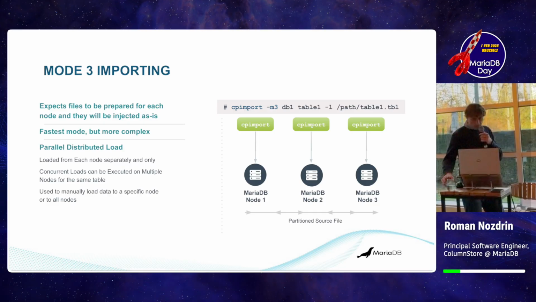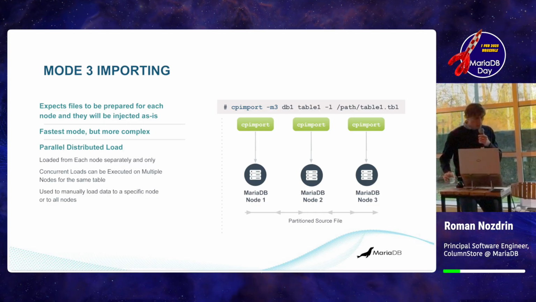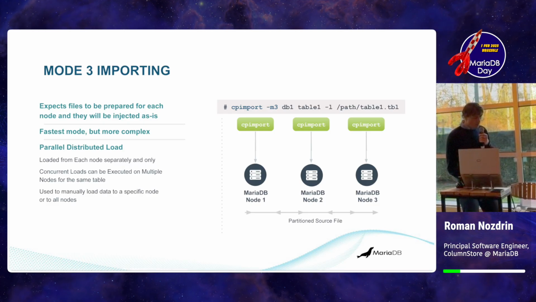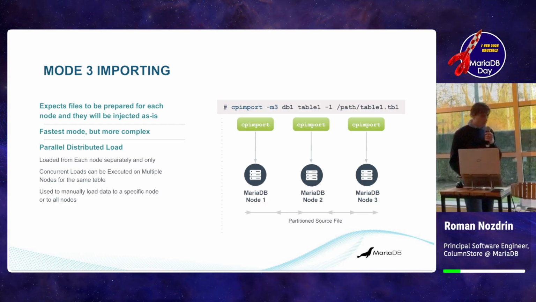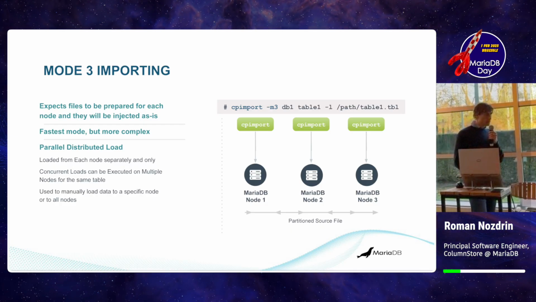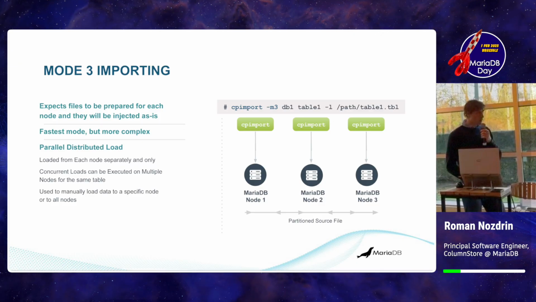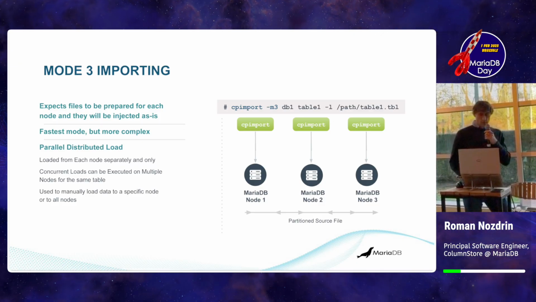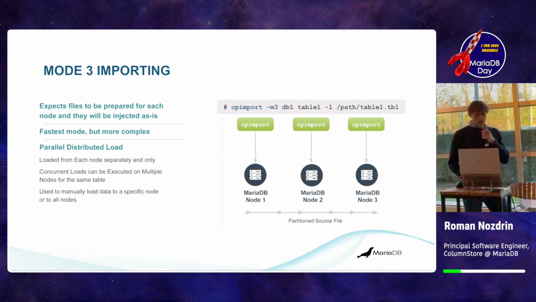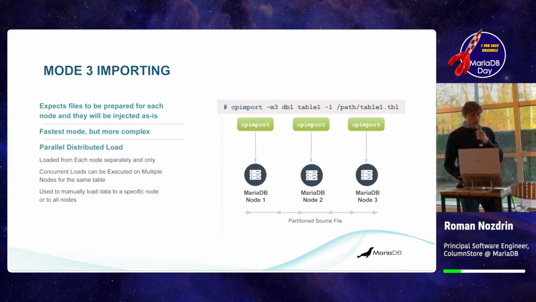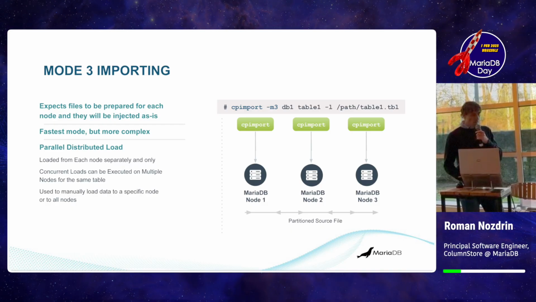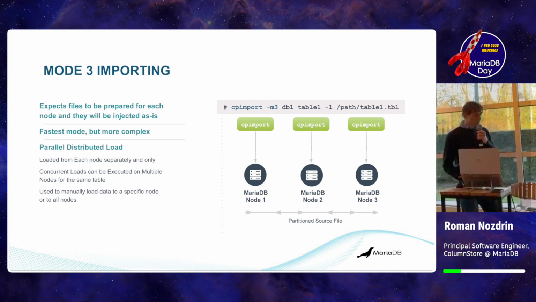So this tool also has an ability to run in multiple nodes. I will not describe what all of these modes are, but I will touch the most interesting from my perspective, because it enables the sharded data ingestion.